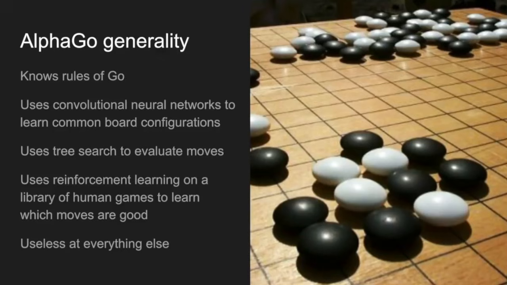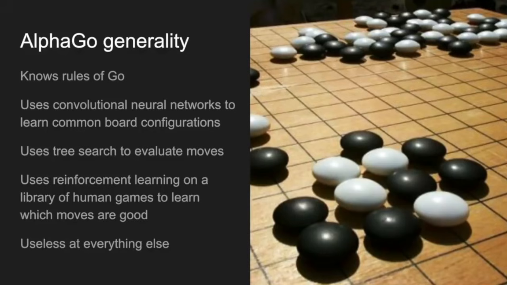It also uses reinforcement learning on a library of human games to learn which moves are good. Reinforcement learning, in very straightforward terms, is looking at a configuration, an action, and the outcome, and learning the pattern. For a given configuration, if I take action A, good things happen.